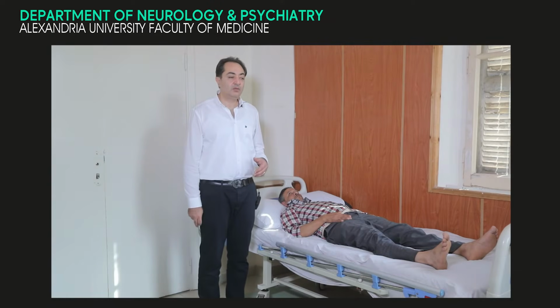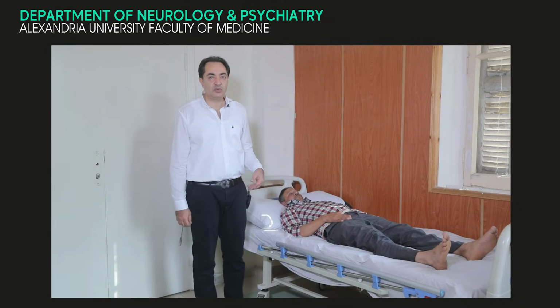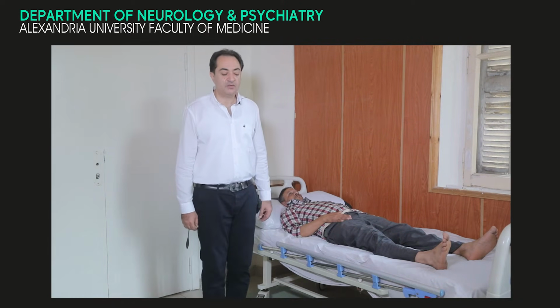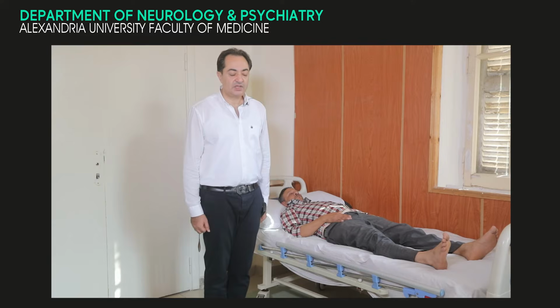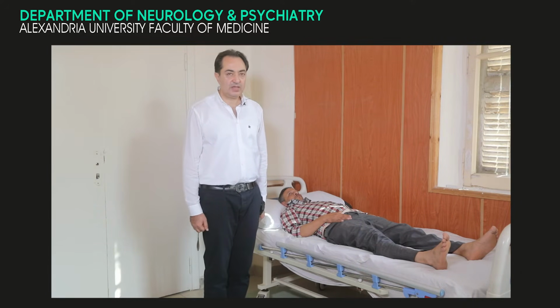Then we will do a Romberg's test. We ask the patient to stand first with his legs near each other and with eyes open, then ask him to close his eyes like that. If he starts to sway after closing the eyes, he has a deep sensation problem.